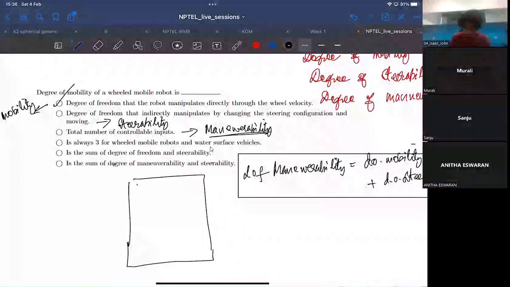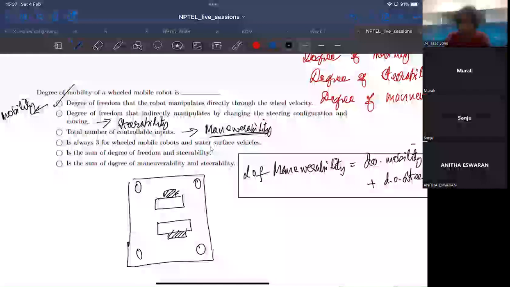We'll have 4 caster wheels at the corners, and 2 driving and steerable wheels, driven by independent motors and steered by independent motors also, right?